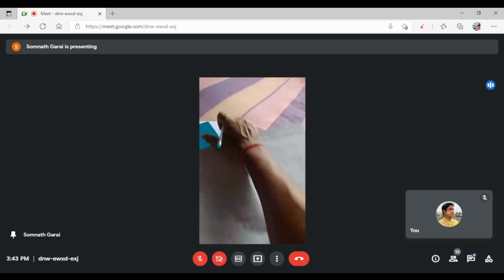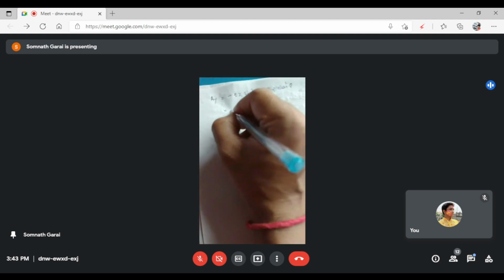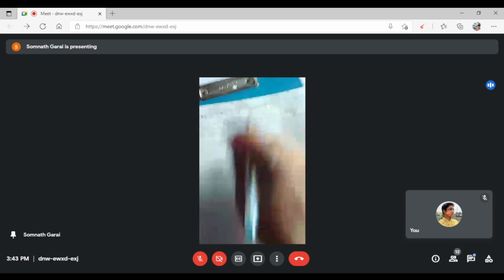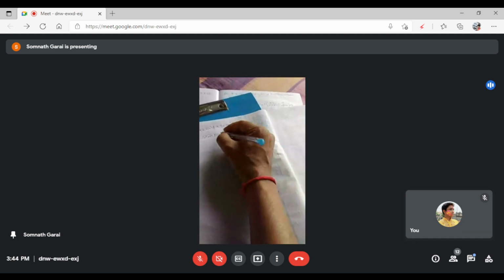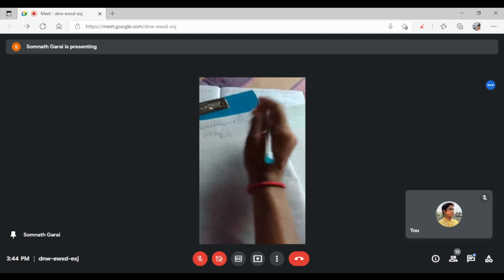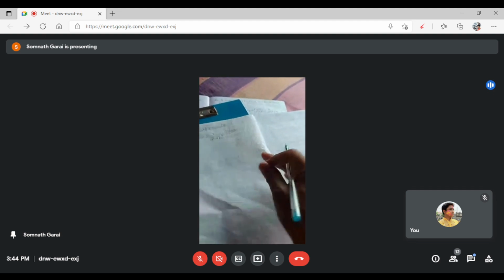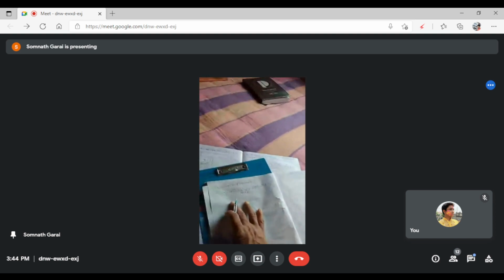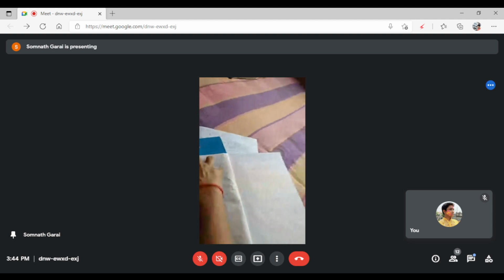Now again put the values. Rho is equal to root over x square plus y square, into z, and sin square phi is equal to y square by x square plus y square. Plus 3 into rho, means root over x square plus y square, and cos phi means x by root over x square plus y square, whole square.